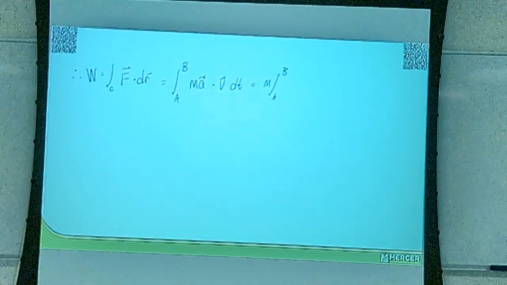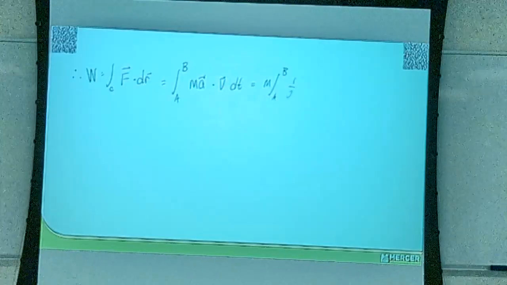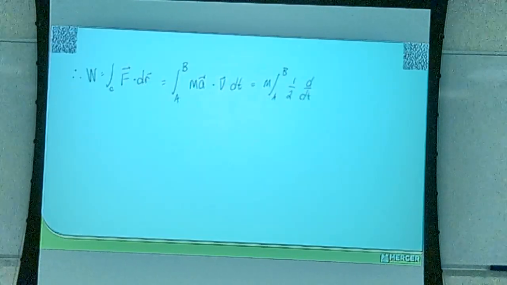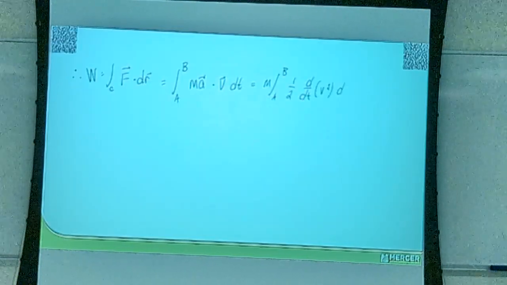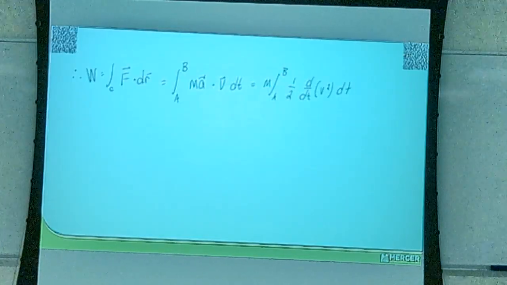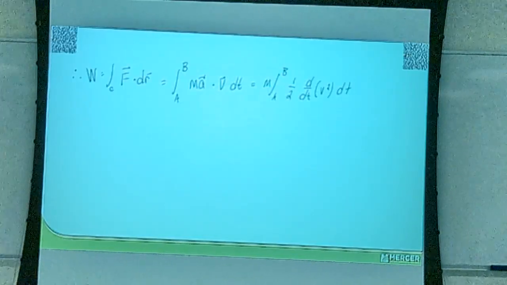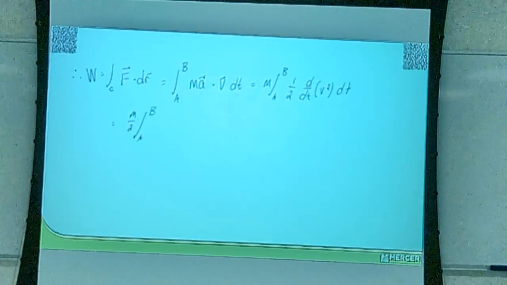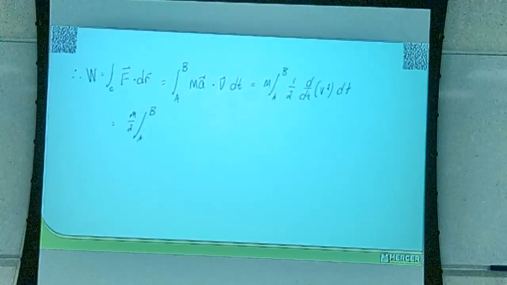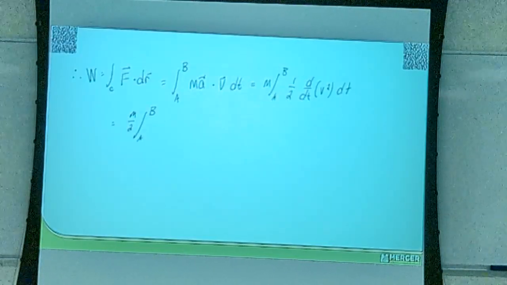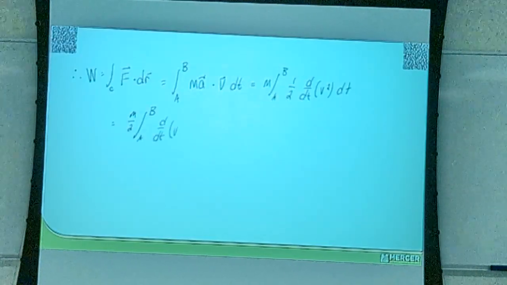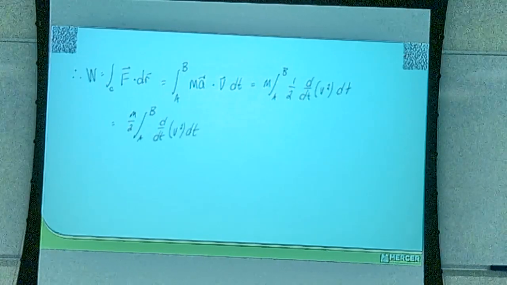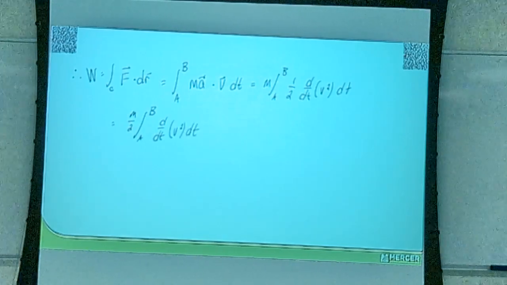But didn't we say that a dot v is 1/2 d/dt of v squared? Factor out the 1/2, you're left with that integral.